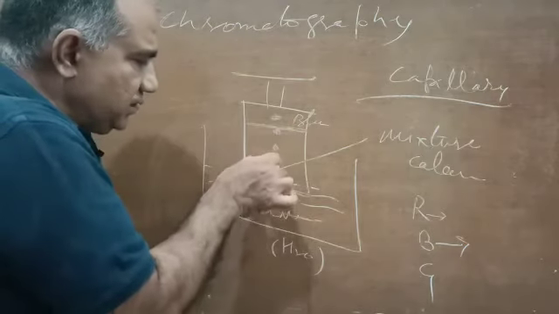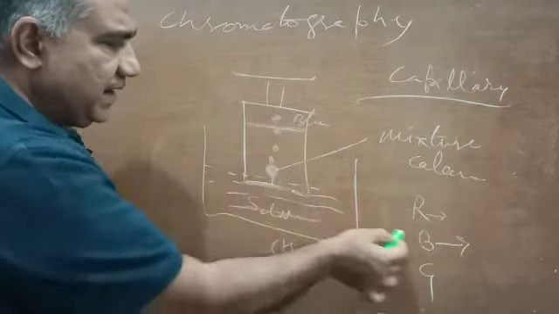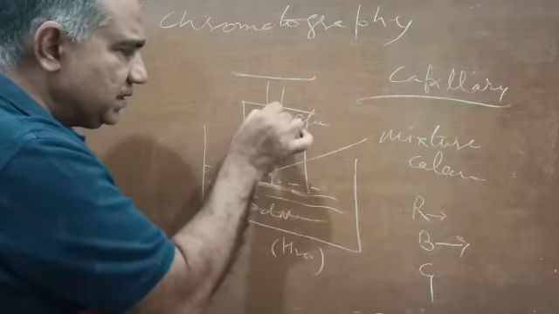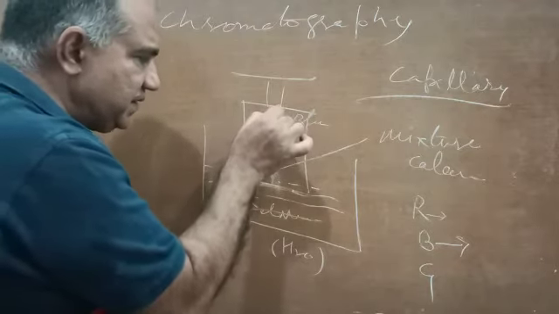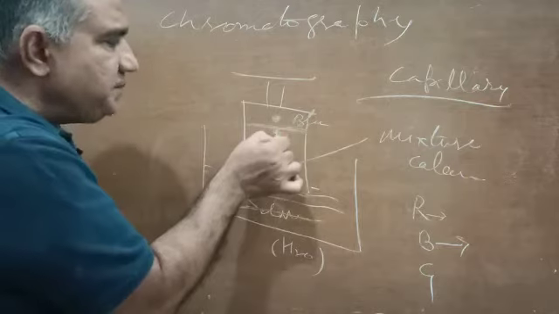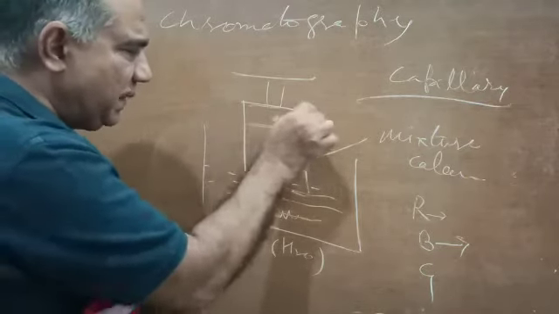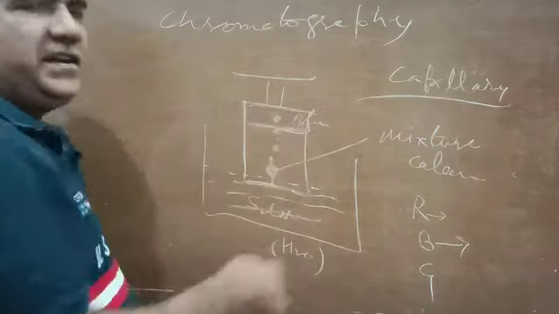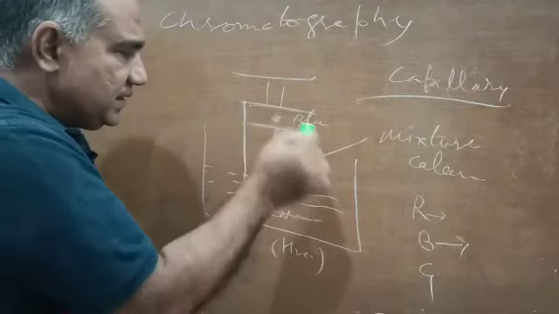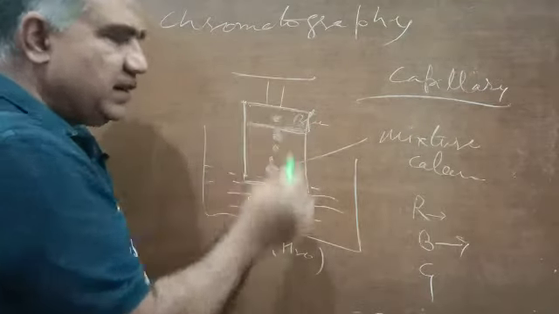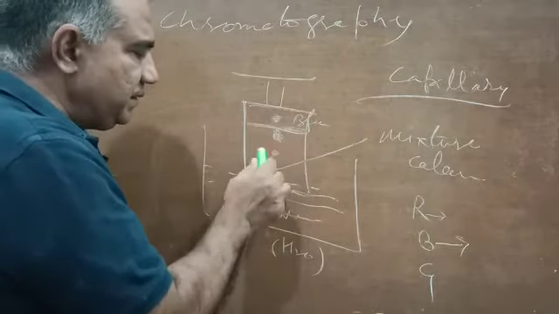So water was going up and up, and when it reached here, carrying the blue color, it got stuck here and occupied its space, and now water cannot rise further because the maximum amount of water that could be taken up by the filter paper has been taken up. Now it can travel only up to here. That is why the second color will go to a different spot, and yet another one will get to a different spot.